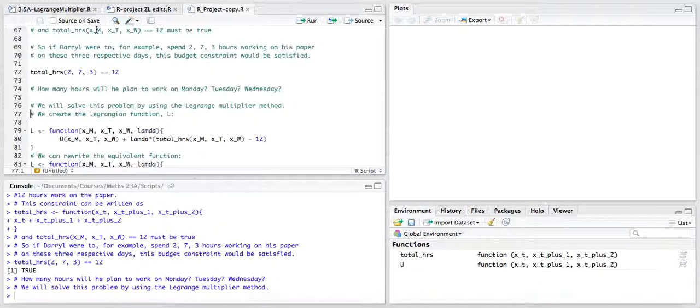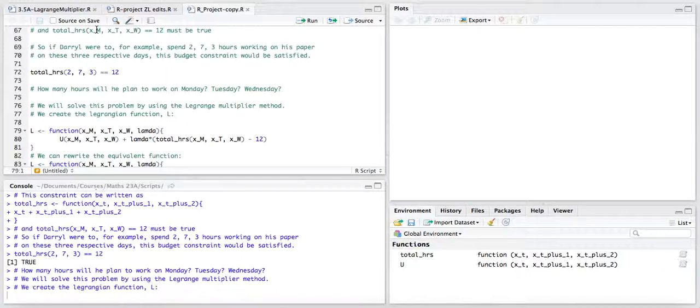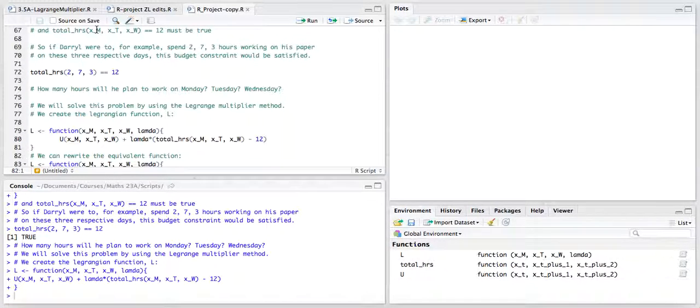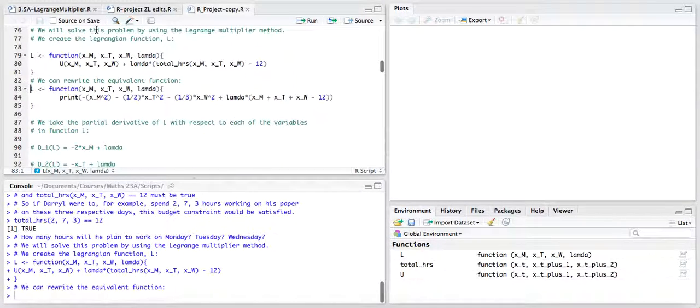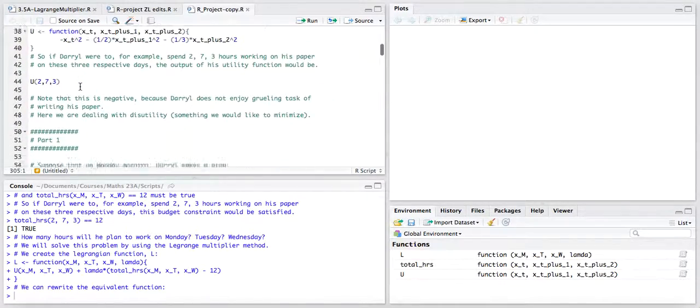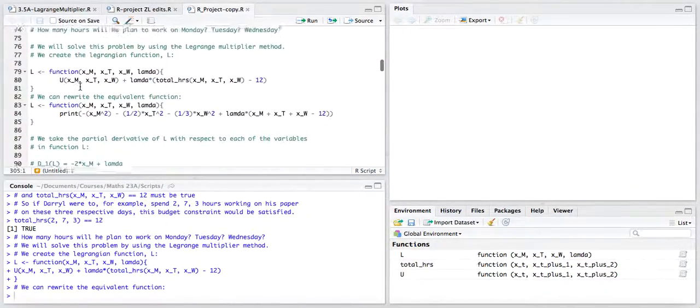Daryl's going to solve this problem using the Lagrange multiplier method. We create the Lagrangian function L in the following way. And we can rewrite this equivalently as such, which is going to make it easier for us to take partial derivatives.